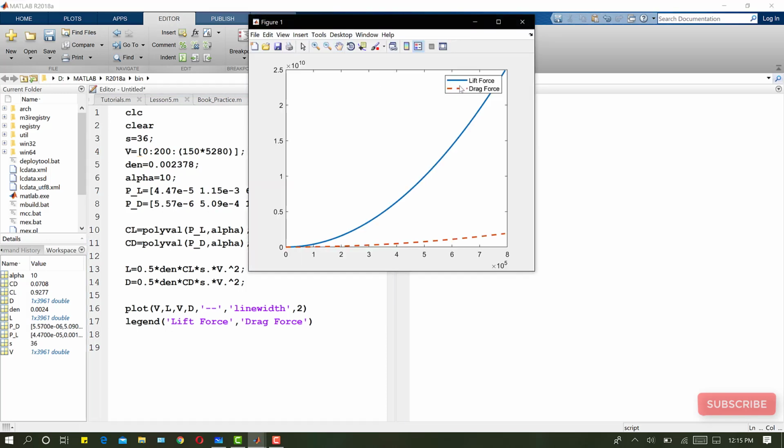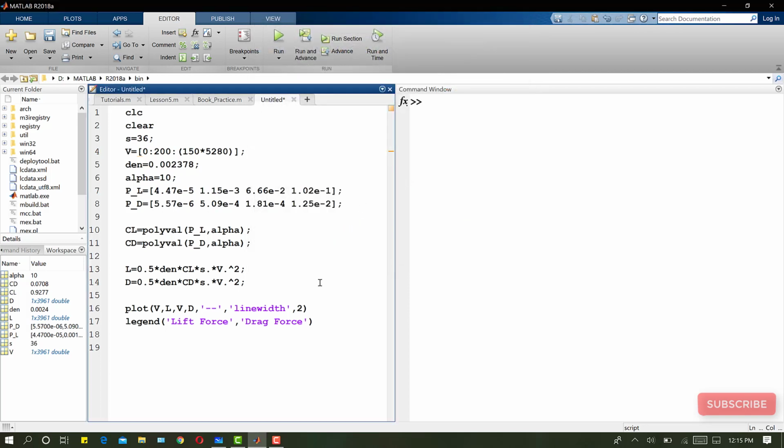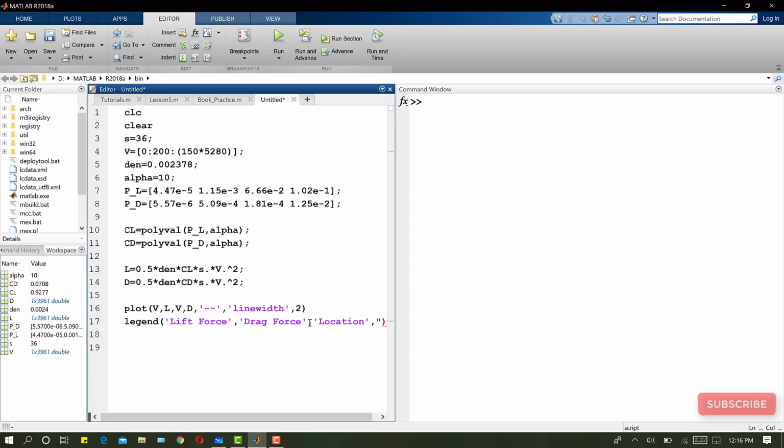we see that this legend is on the top right of this graph. I want to have this legend on the left side of this plot. So how to do it? Here in legend I will write location, and the top left side is known as the northwest location.